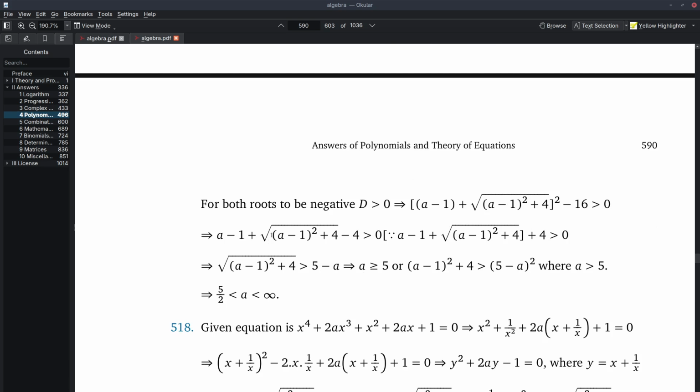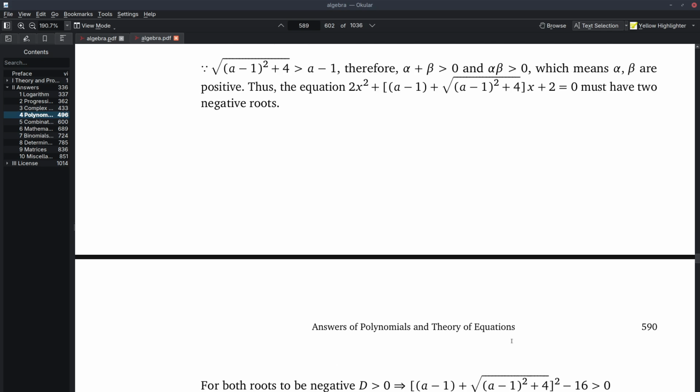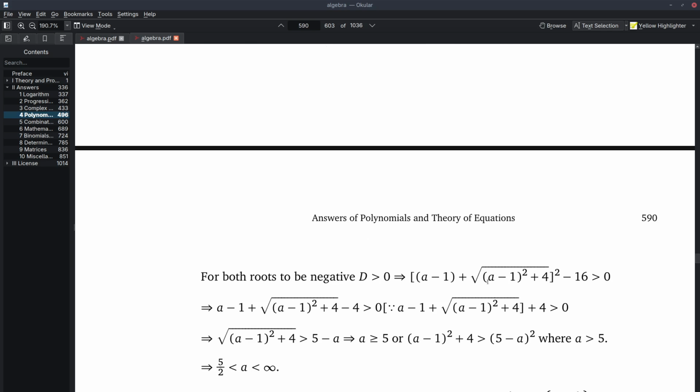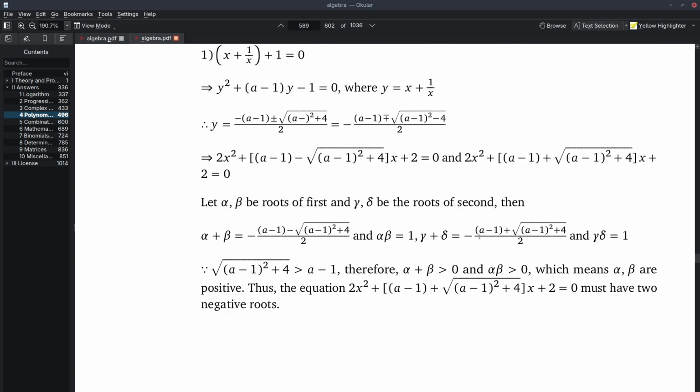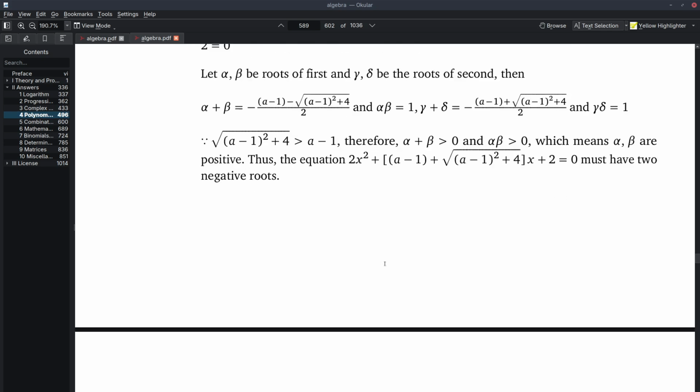So we solve this and we arrive finally at a greater than 5/2 and less than infinity. Again, I said that the numerator should be greater than 0, that is not true. We do compute the discriminant of this equation, which is (a-1 + √((a-1)^2 + 4))^2 minus 16, so 2 times 4 is 16, and this is squared.